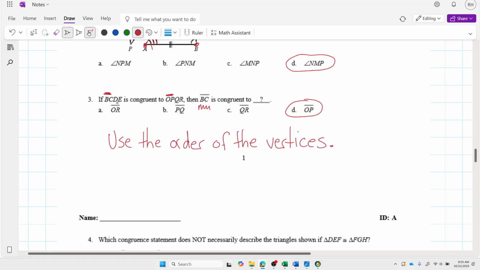Each of these letters represents a vertex in a shape. And if you have 4 vertices or 4 letters in the description, then you have 4 sides. Okay, you're just using the order of the letters. BC, first 2 letters, congruent to first 2 letters, OP.